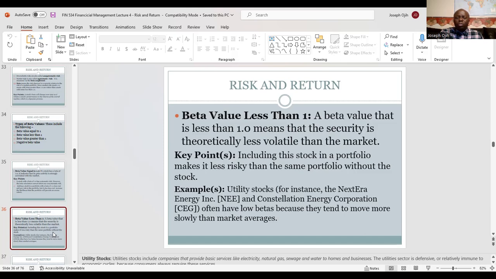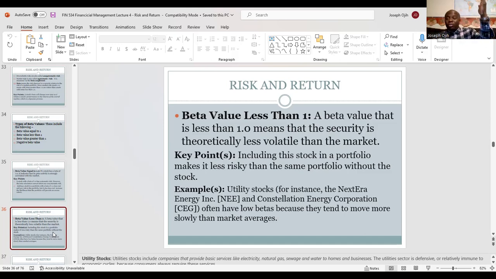Utility stocks include those companies that provide basic services that everybody needs, things like electricity, natural gas, sewage, and water to homes and businesses. Whether the market is down or not, people still need energy.